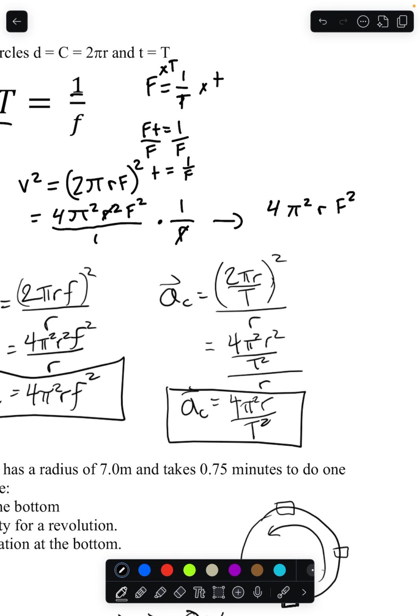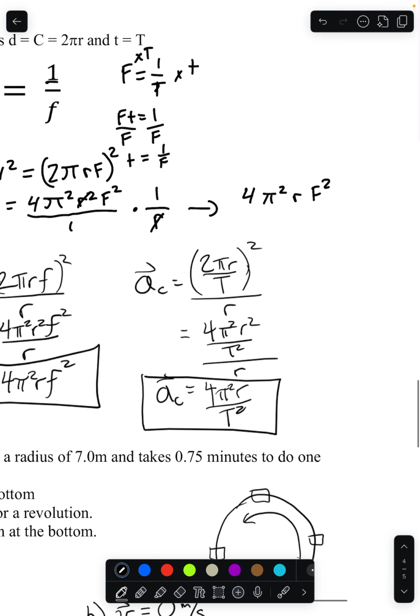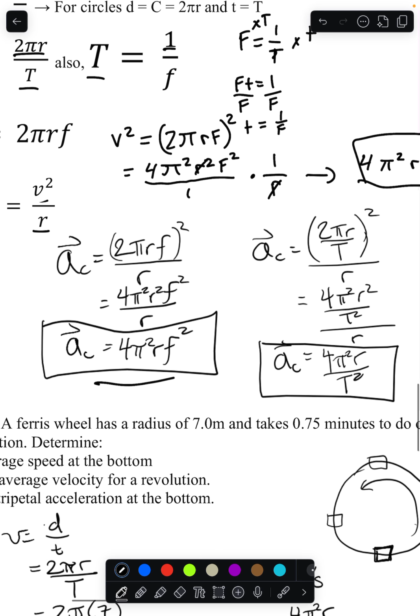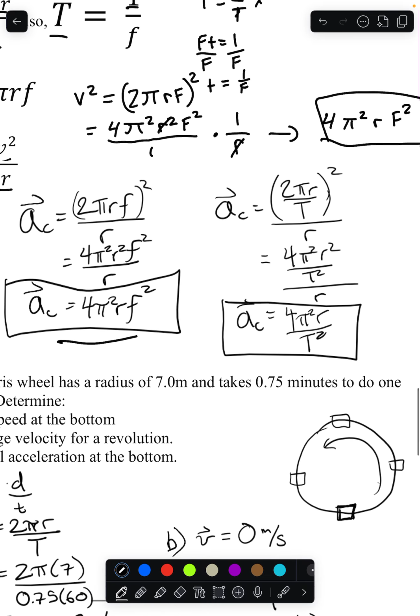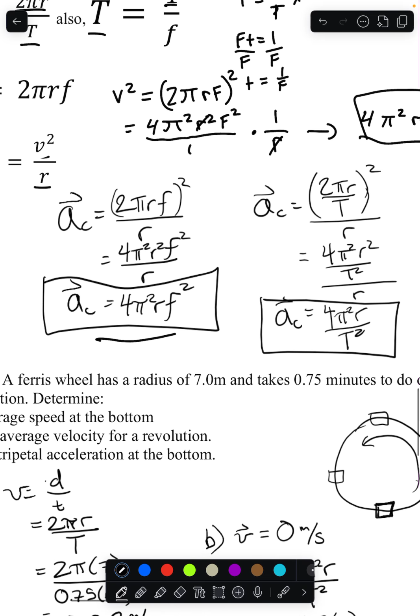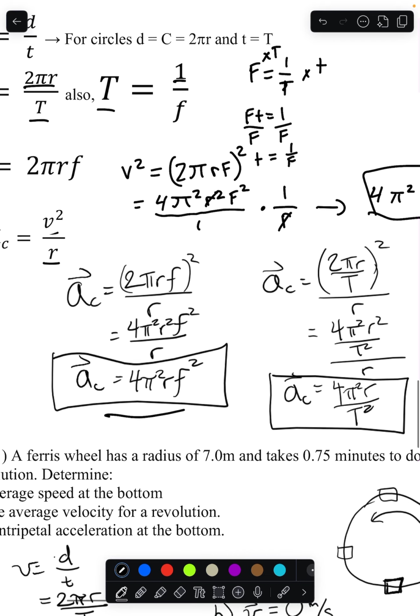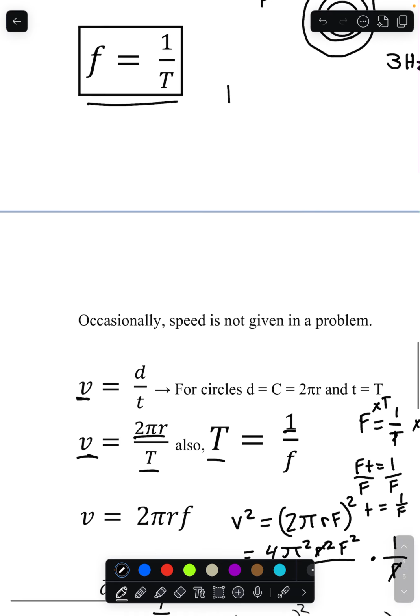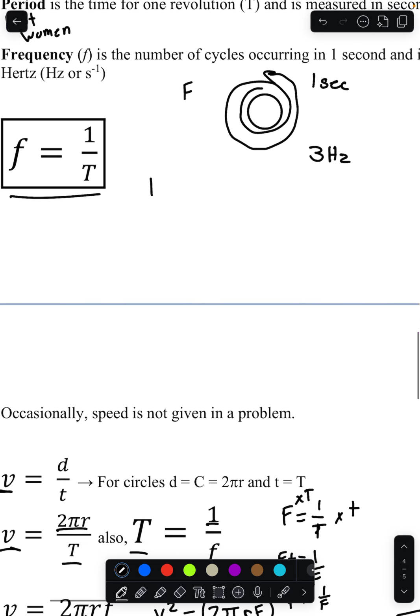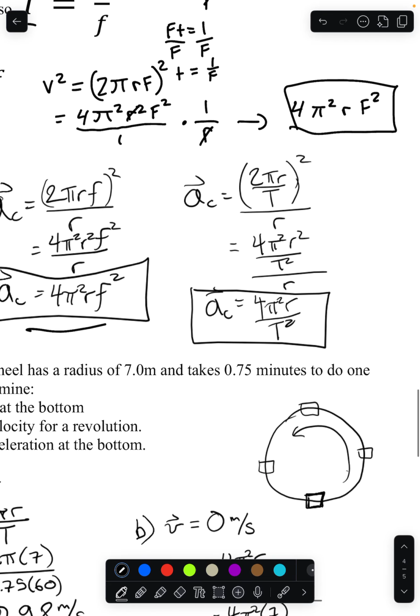That's what our equation will be like, as we can see right over here on this side. Or you can rewrite it as 2 pi r over t, which we can rearrange to fit into this part right over here.